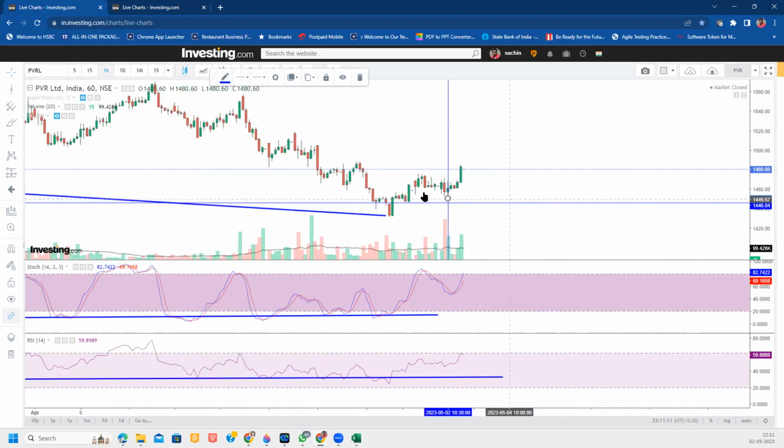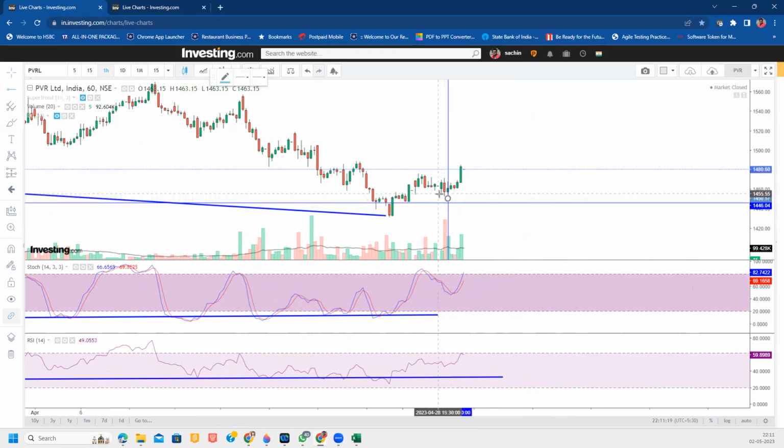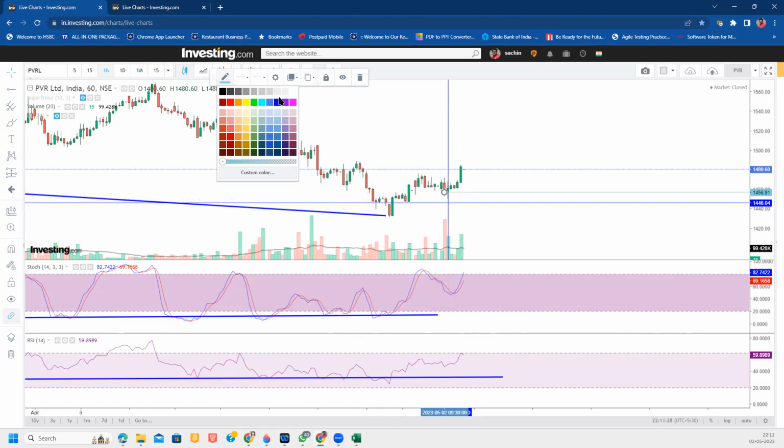So a day trader who has been watching this particular stock for some time could have made an entry based on divergence, maybe at any point today.